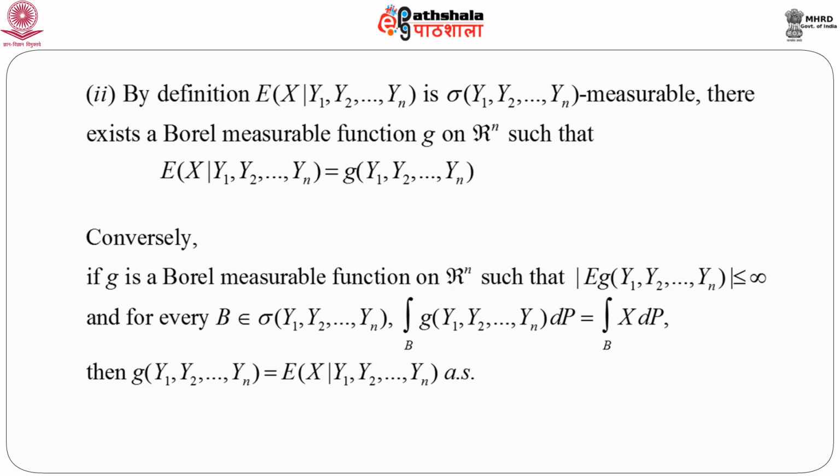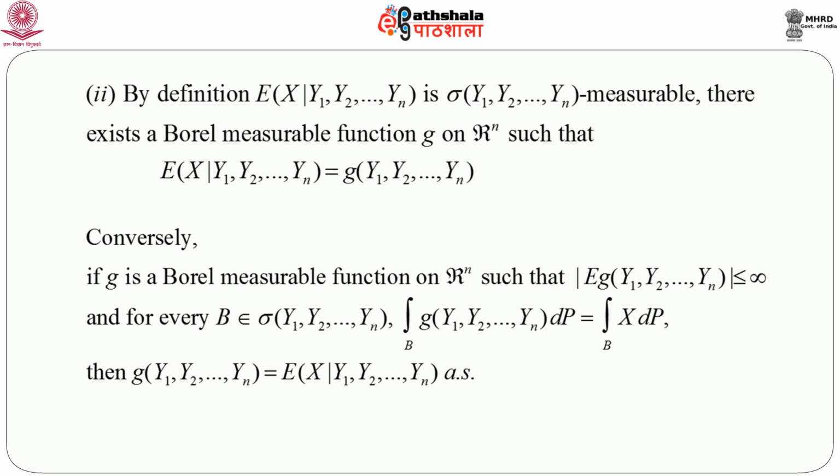Or conversely, we can think that if g is a Borel measurable function on Rn such that the modulus of expectation of g(Y1, Y2, ..., Yn) is less than infinity, that means it is integrable, then for every B belonging to the sigma field generated by Y1, Y2, ..., Yn, we can write the integral over B of g(Y1, Y2, ..., Yn) dP is nothing but the integral over B of X dP.